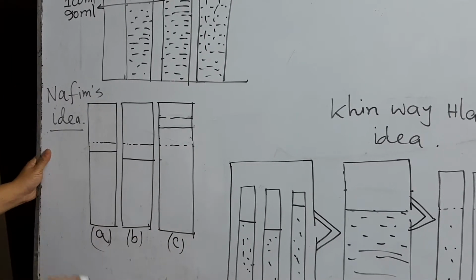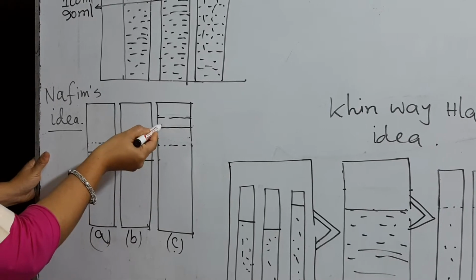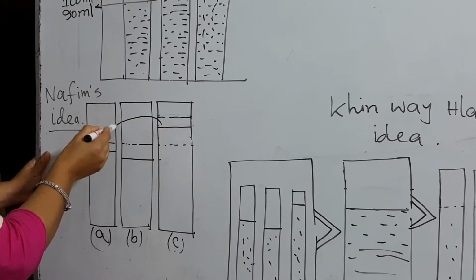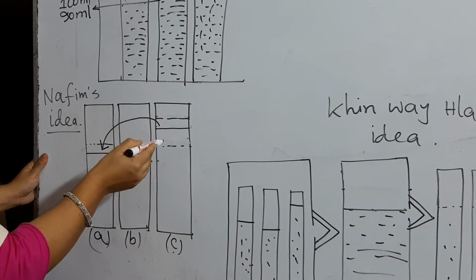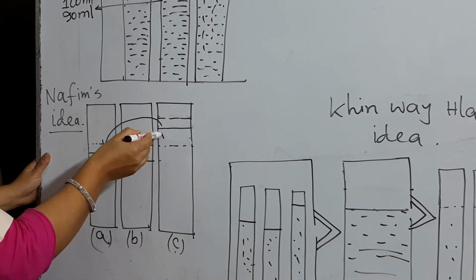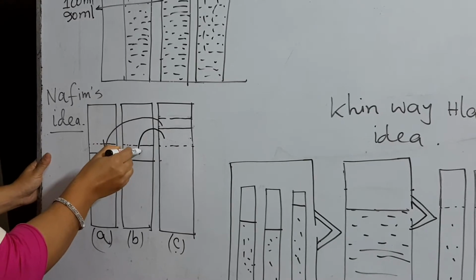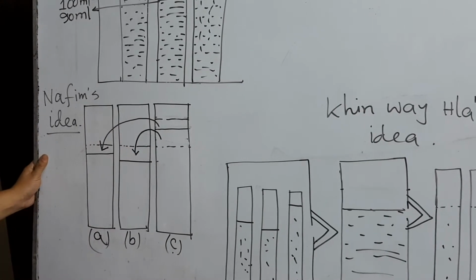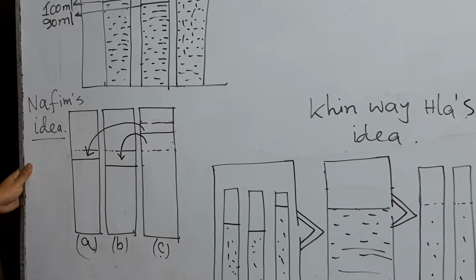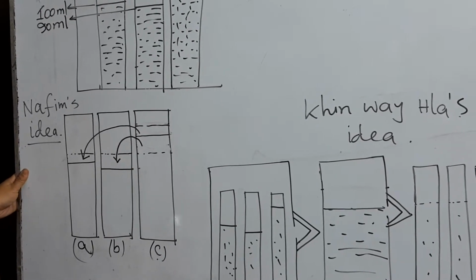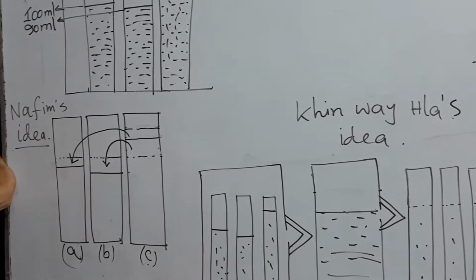Nafim's idea is from the C pot he will shift water to the A pot, whatever is less in the A pot, and from the C pot he will shift water to the B pot also, whatever is less in the B pot. Okay, but this is very difficult and it will take too much time to make the answer clear and proper.